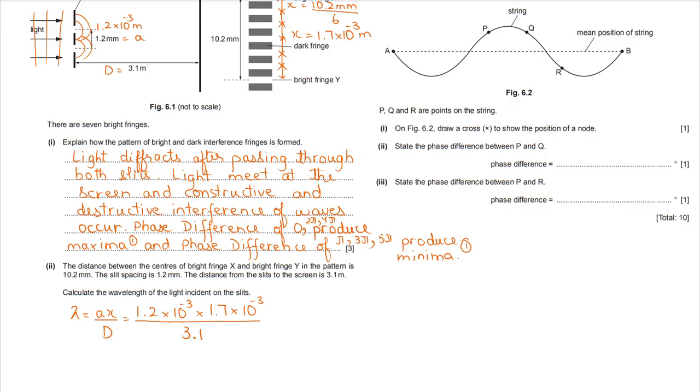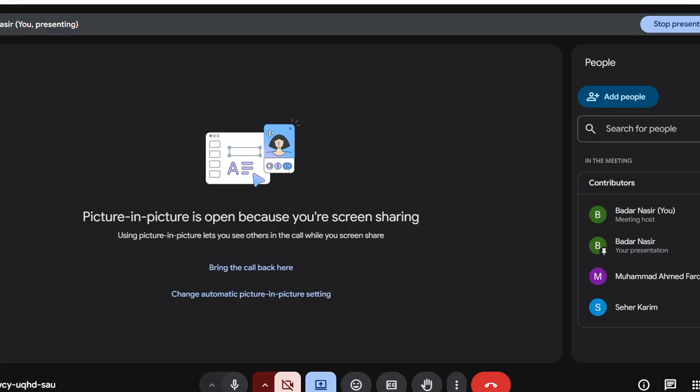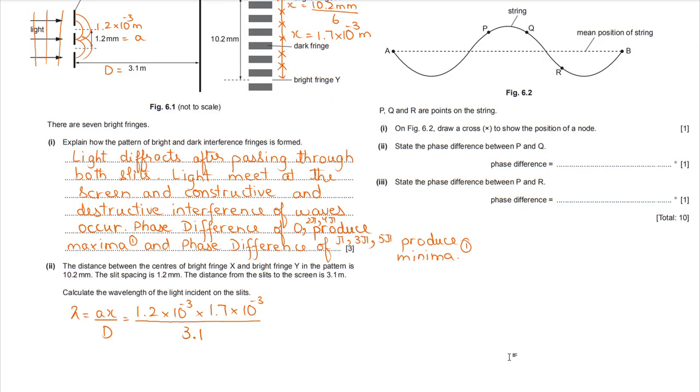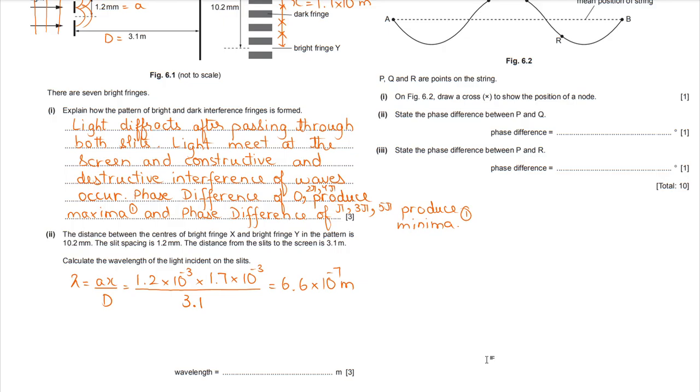Okay? The value turns out to be 6.6 times 10 raised to the power of -7 meters. So this is going to be the wavelength.